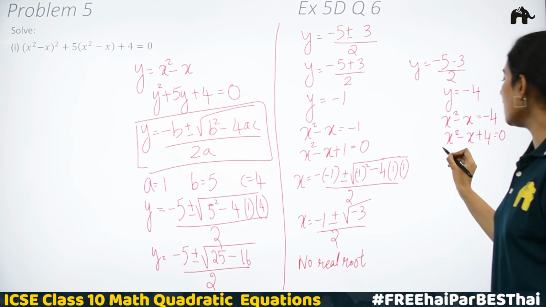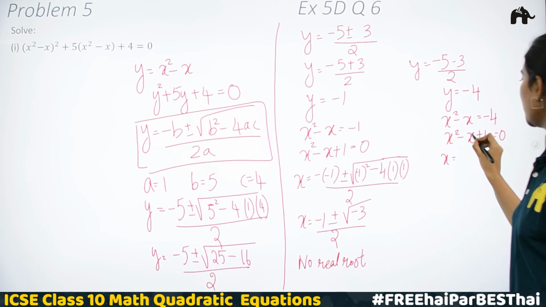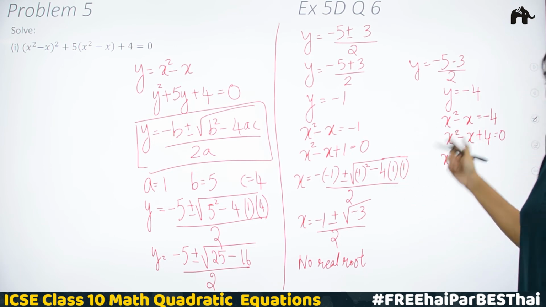Use the formula. You will be getting x is equal to minus b. Here again we have b is equal to minus 1.